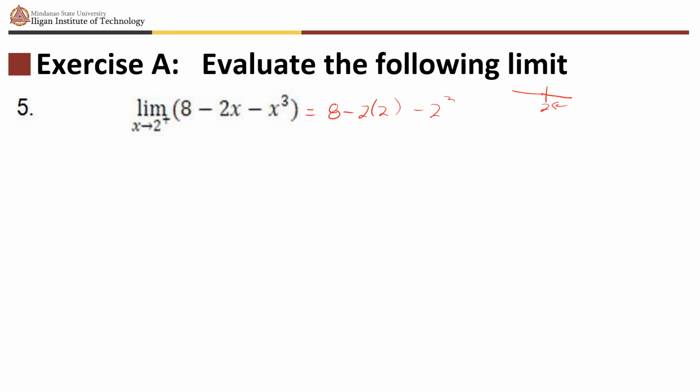But that is equal to 8 minus 4 minus 8, which, we can cancel out 8 with 8 here, come up with minus 4. So the limit of this function, 8 minus 2x minus x cubed as x approaches 2 from the right, is equal to negative 4.